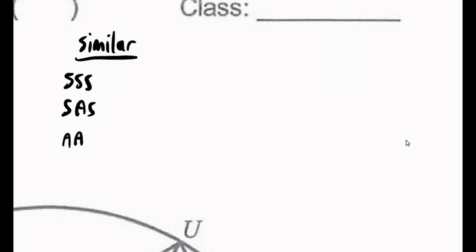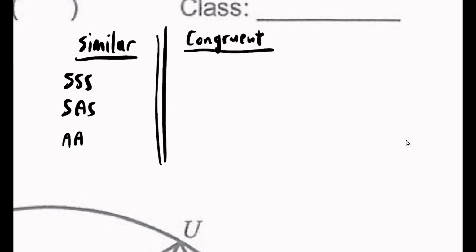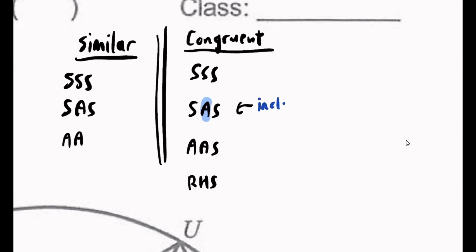Then for congruent triangles, it's SSS, SAS, AAS, and RHS. This A here must be the included angle. Do you know what included means?